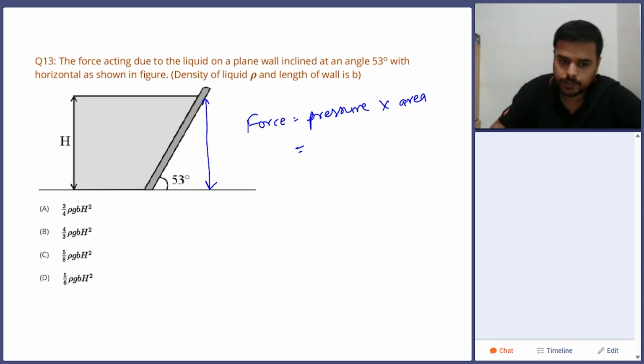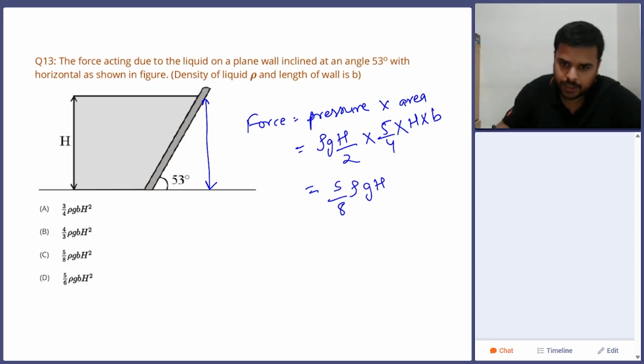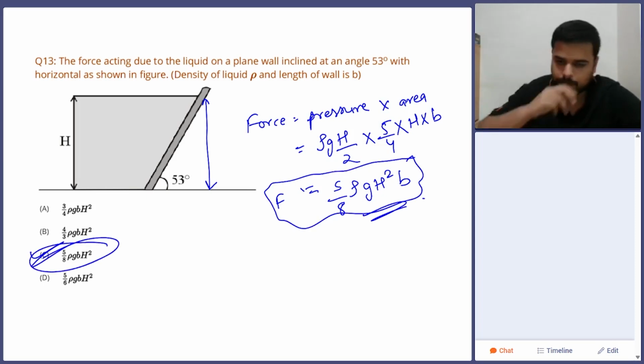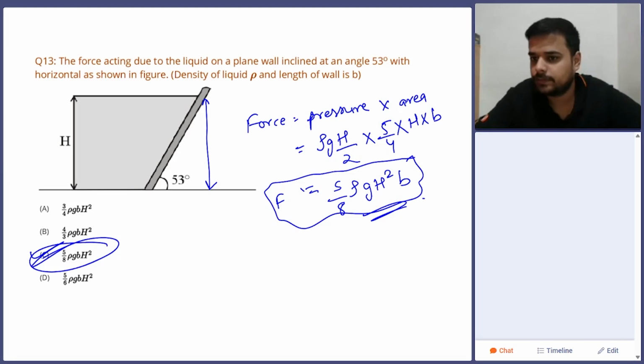Okay. Rho g h by 2, and area is 5 by 4 into h into b. So 5 by 8 rho g h square b. This will be the value of force. Okay. Option number C. Simple. Okay.